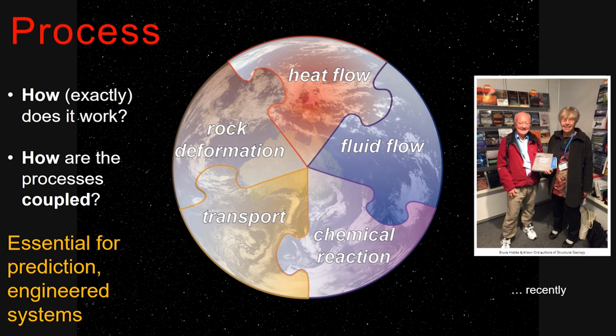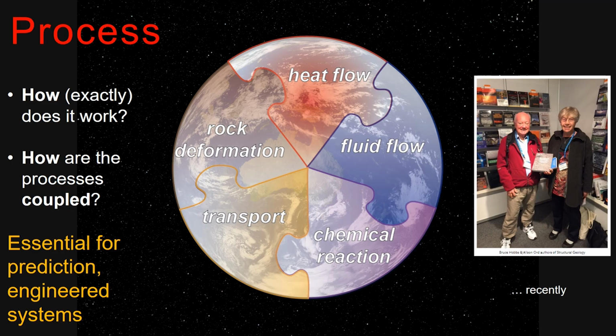Another component is process. Here we try to understand how exactly does it work? How does Earth work? And to understand this, we have to understand how physical processes operate and how they're coupled. So these are heat flow, fluid flow, chemical reaction, transport of chemical species, and rock deformation. They're all part of the puzzle.